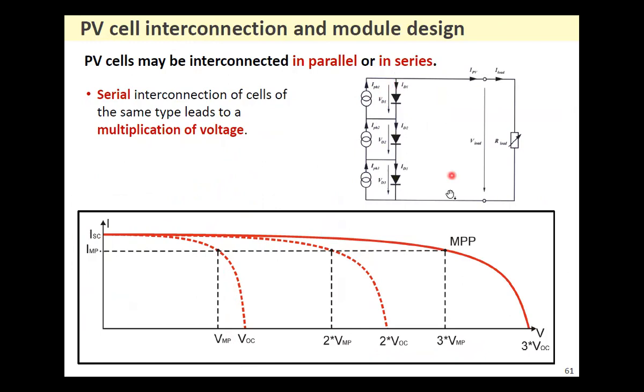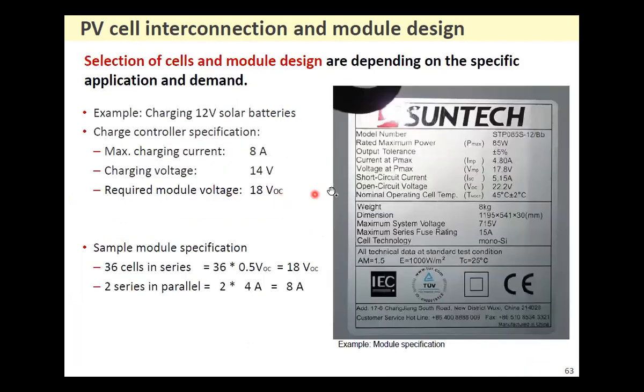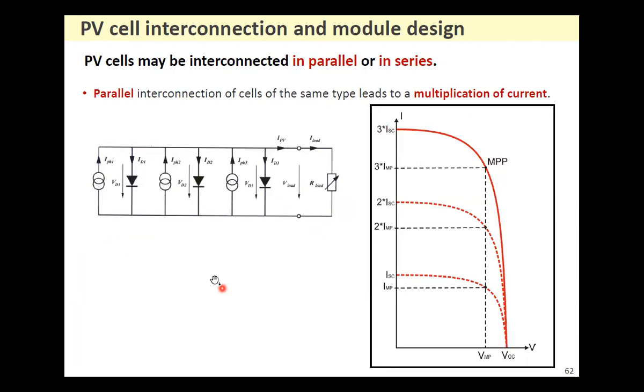The total open circuit voltage will increase and the short circuit current will remain the same. So we connect cells in series in order to increase the voltage. And when you connect cells in parallel, you are increasing the current, but the open circuit voltage is the same. So in one module, you have cells in series and parallel connection.